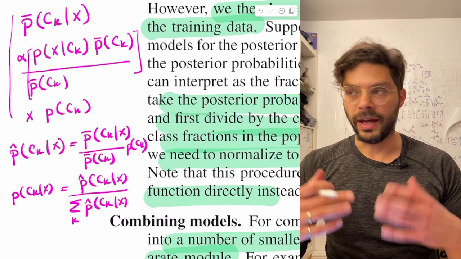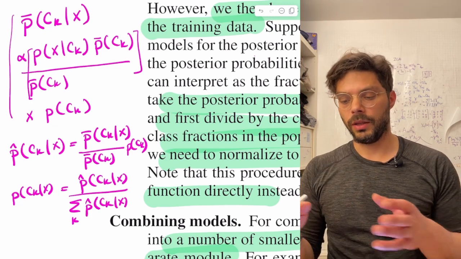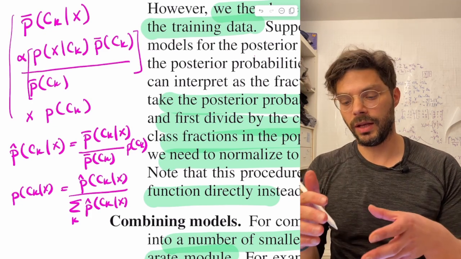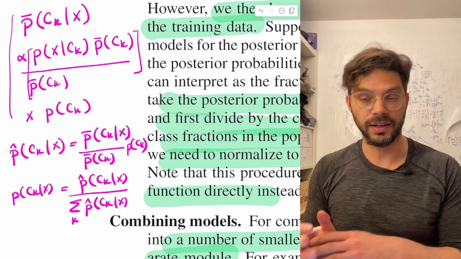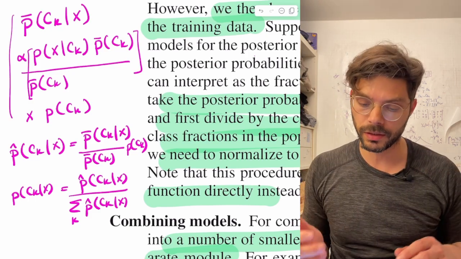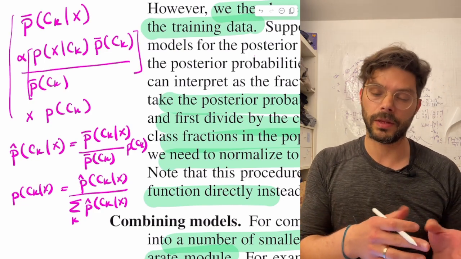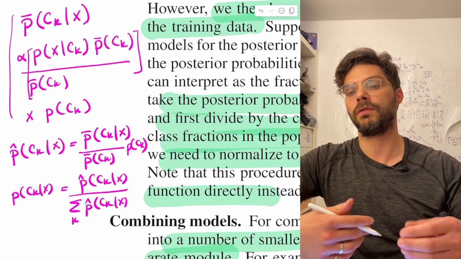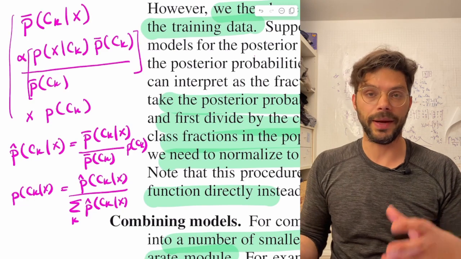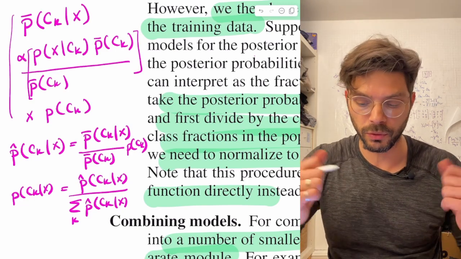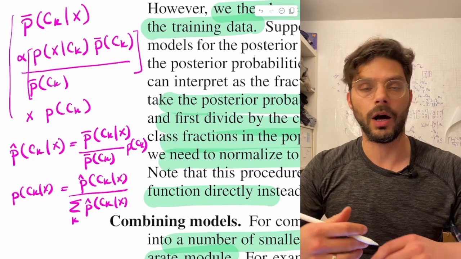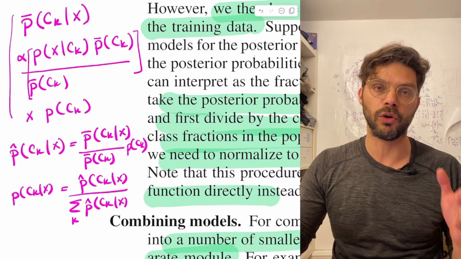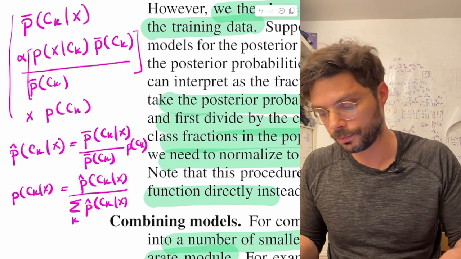So that's a procedure for taking an originally unbalanced data set, getting a new balanced data set, coming up with a posterior, adjusting that posterior to reflect the true priors on the data, and then using that true posterior, which would be very hard to train on the original data set because of the imbalance.